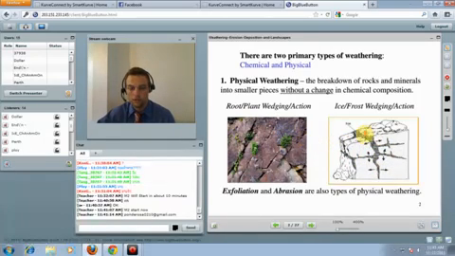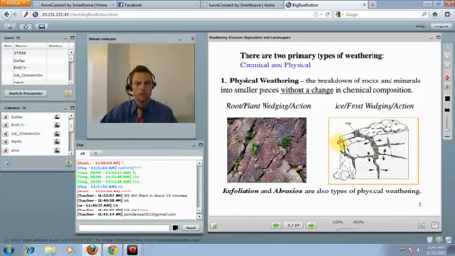Another way, if you need another example of this wedging action, sometimes air is trapped within the rocks, and in a place where it's very cold at night and very hot during the day, sometimes the cold air is trapped in the rock, and as it heats up, it expands and can do the same thing, break this up.